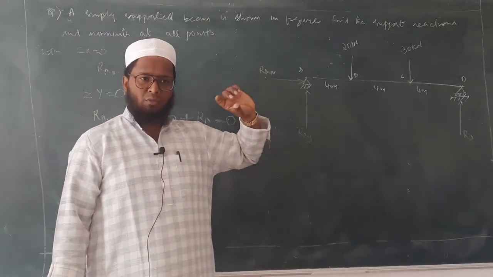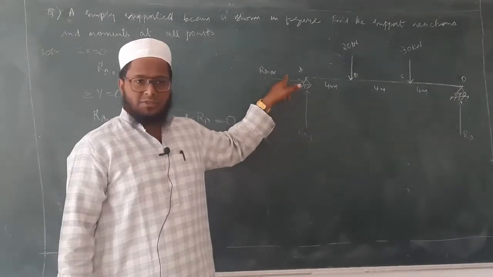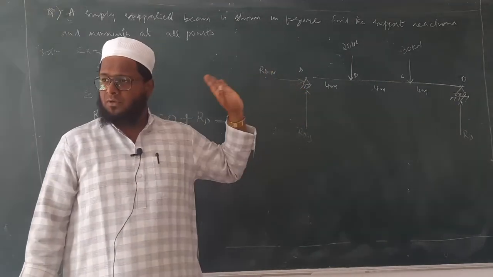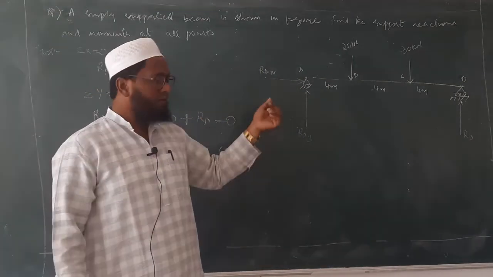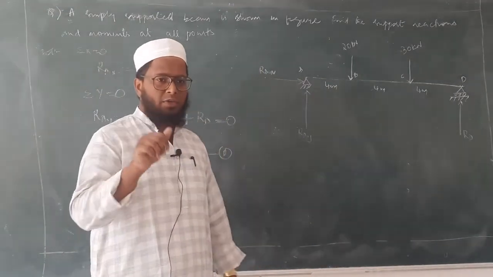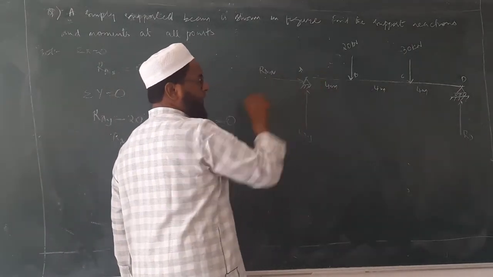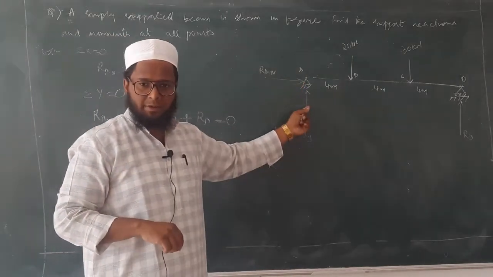When you calculate moment at this point, what happens? These forces will become 0, isn't it? What is the formula for moment? Force into perpendicular distance. When you calculate moment, you keep your thumb on point A. So as soon as you calculate moment at A, these two forces will become 0.